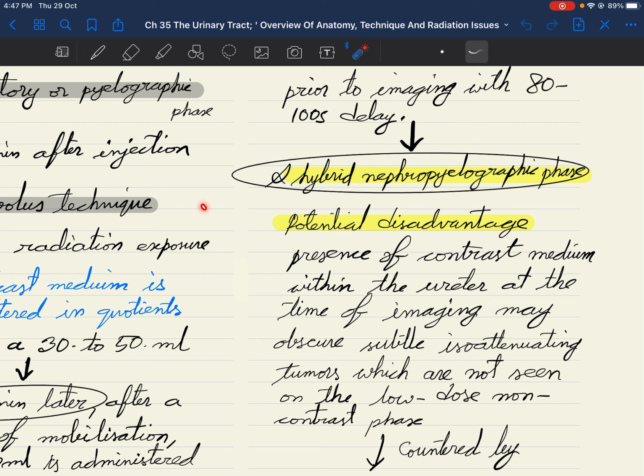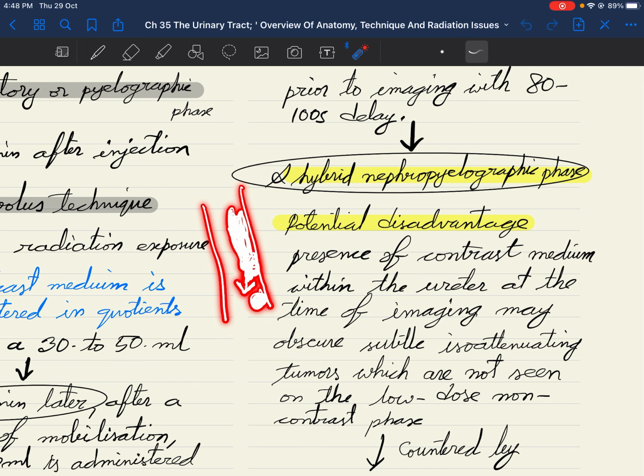The disadvantage is that when contrast medium is present in the ureter, if an isoattenuating tumor is also present in the ureter, suppose this is an isoattenuating tumor and contrast is passing by it, then what will happen? We cannot differentiate the contrast density from the isoattenuating tumor density.